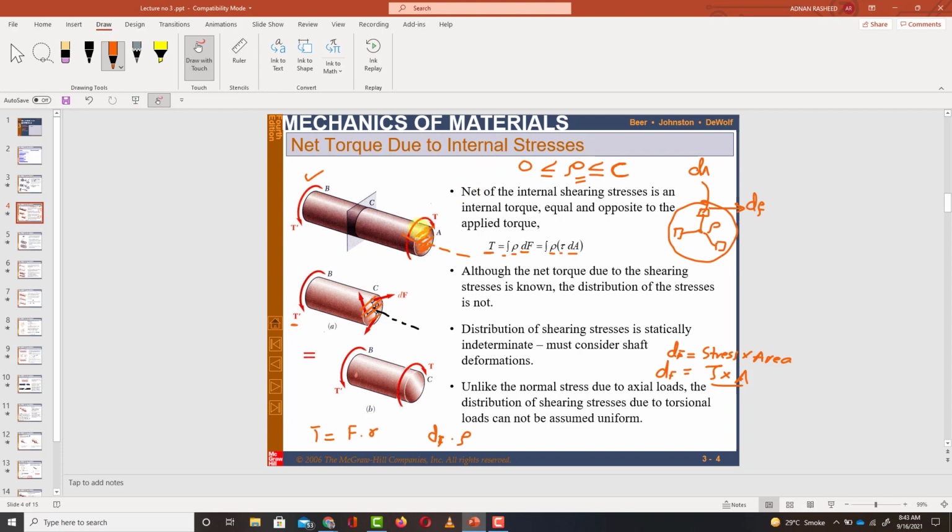So whenever a surface is perpendicular to the axis of the shaft, that shaft is under torsional load.